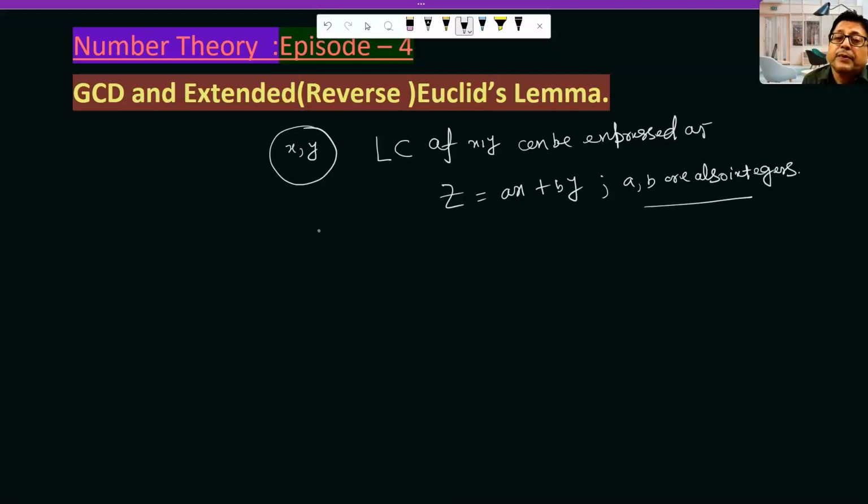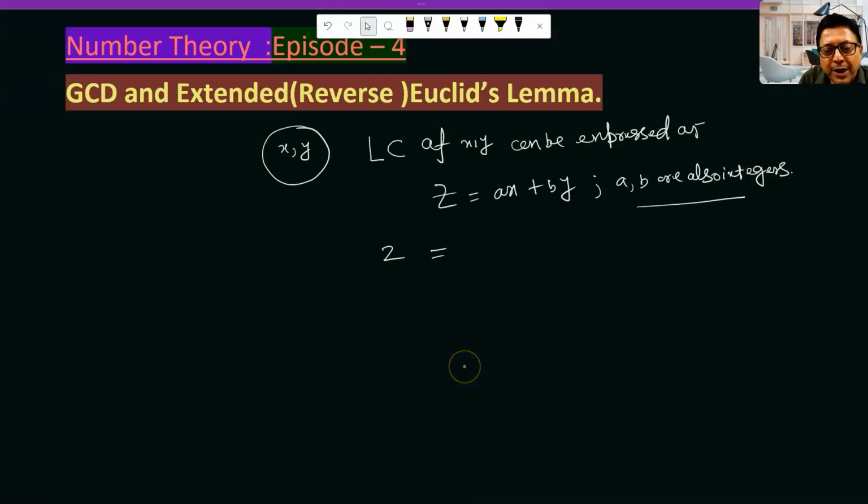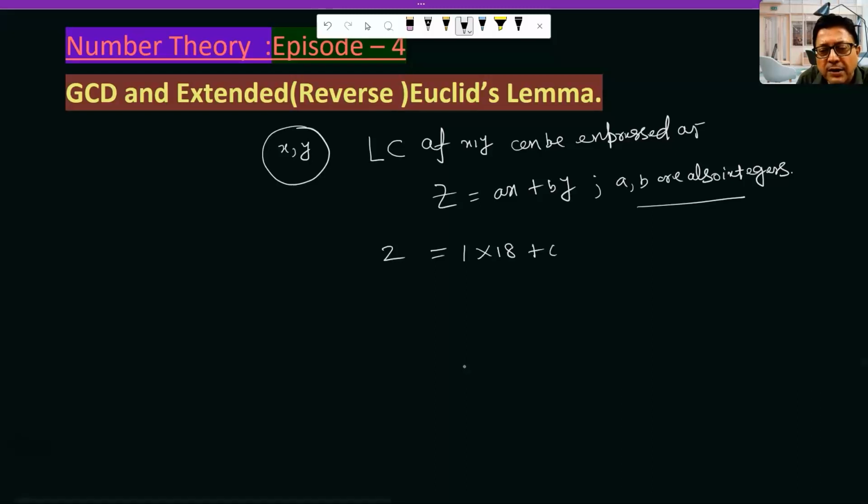So for example, if we want to write 2 as a linear combination of 16 and 18, your answer will be 2 equal to 1 into 18 plus (minus 1) into 16.